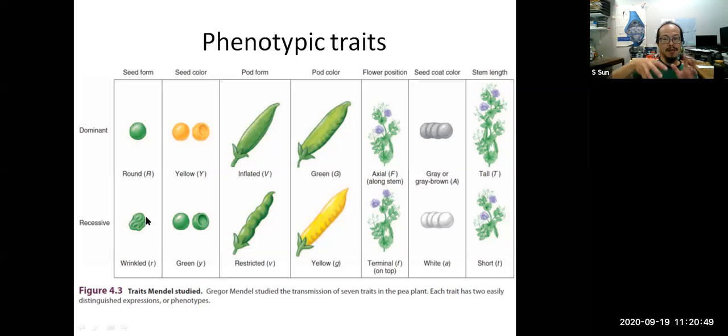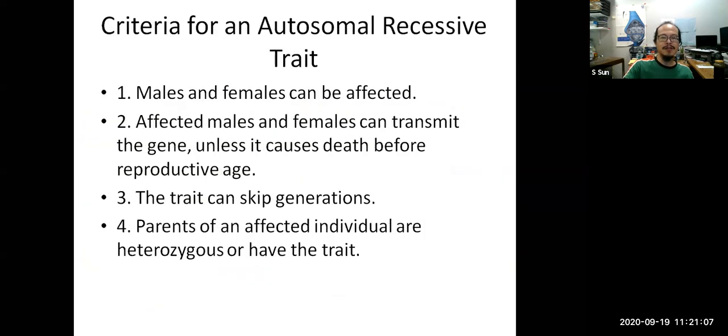Each one applies to the first law, that they are equally distributed to the offspring and their mating is randomly picked. If you have two different traits, these two traits are independent, so they are not going to interfere with each other. So that's the second law.